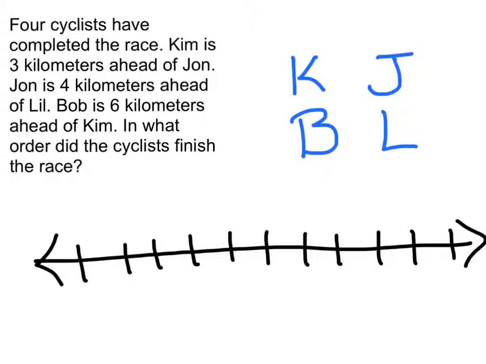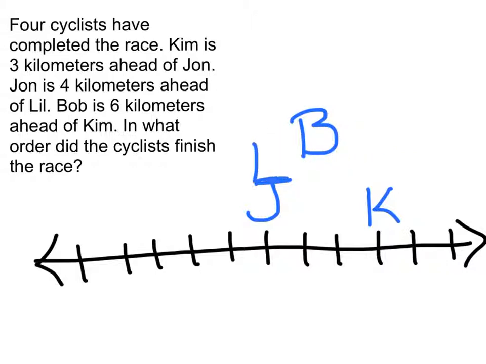So, it says Kim is 3 kilometers ahead of John. So wherever we put Kim, it means that John needs to be 1, 2, 3 behind her. Okay? And then John is 4 kilometers ahead of Lil.